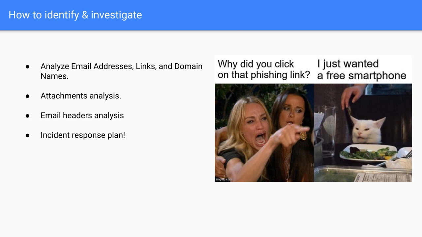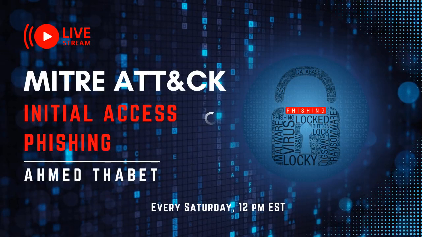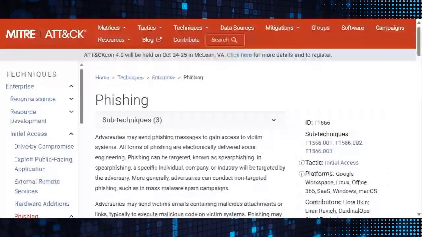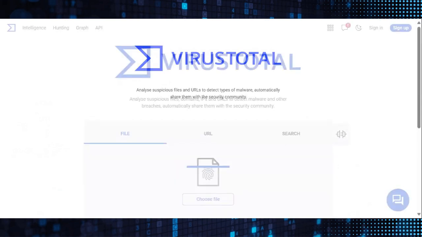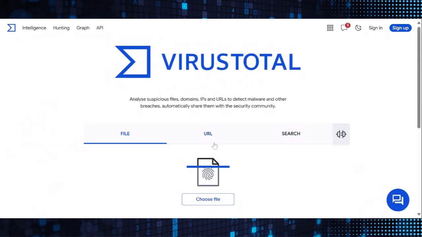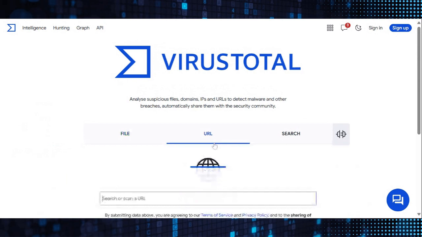We can use a website like VirusTotal for looking up the URL or the domain or the IP of the email that we suspect is phishing.